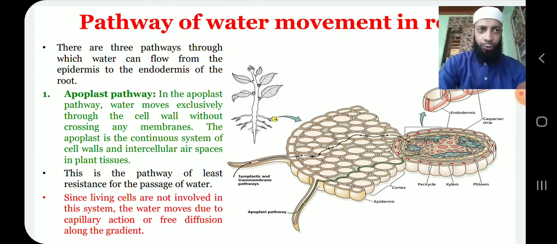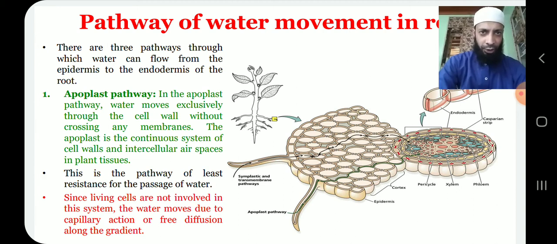And there are usually three pathways through which water can flow from epidermis to the endodermis of the root. That means three pathways through which water flows from root hair cell, that's extension of epidermal cells, to the endodermis of the root.